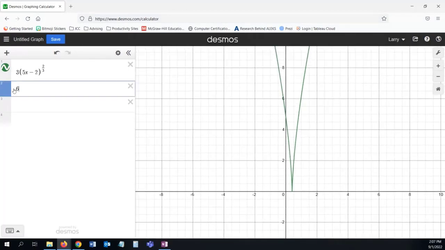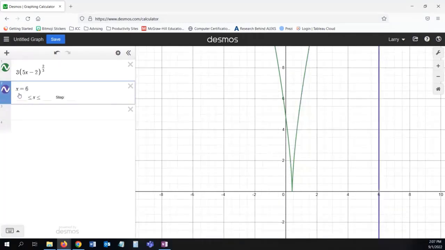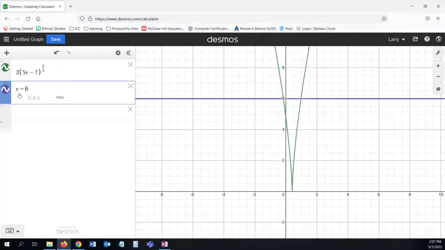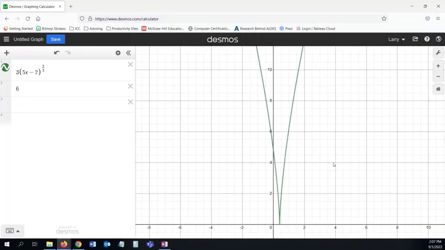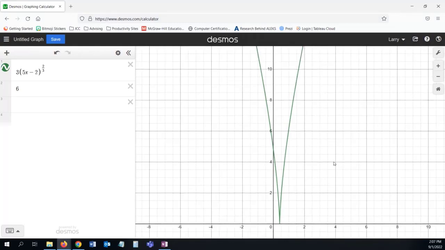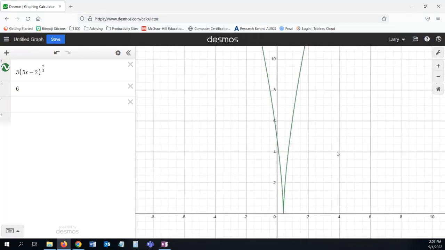What does just 6 look like? Well, that's just a horizontal line. If I graph 6, what does this look like? Okay. Where is y equal to 6? Right here.